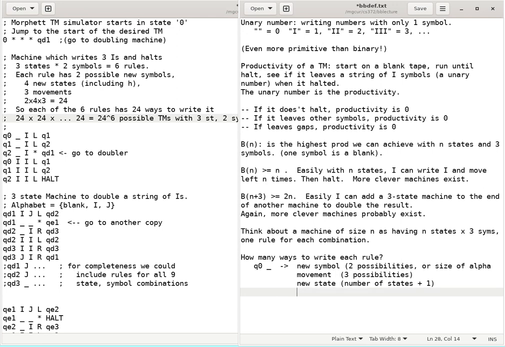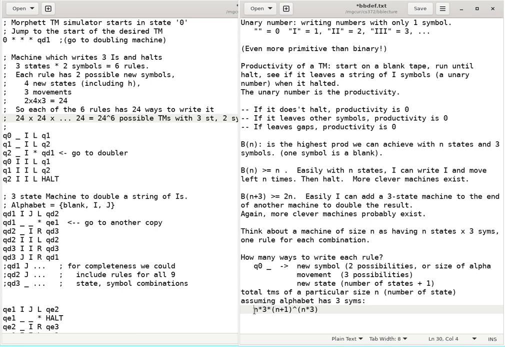the total number of TMs is what? It's the number of states, n, times 3, assuming the alphabet, n times 3, and that's the number of rules we had, and we had n times 3 times n plus 1.